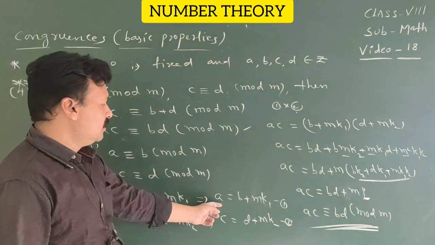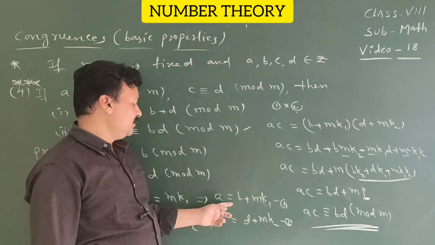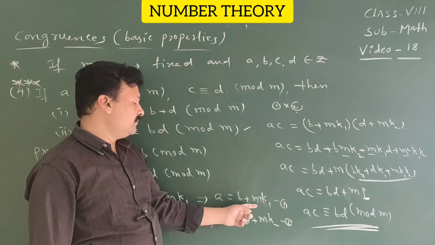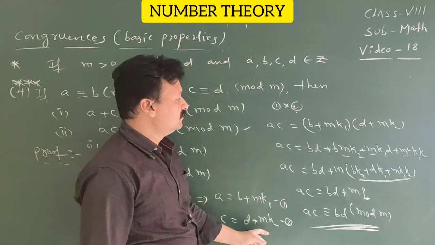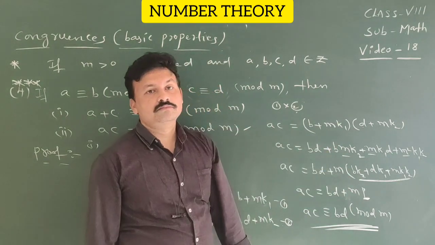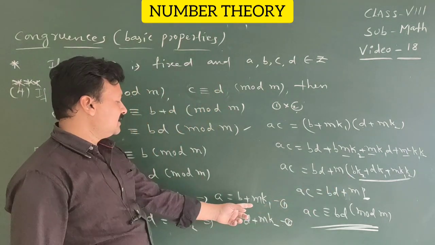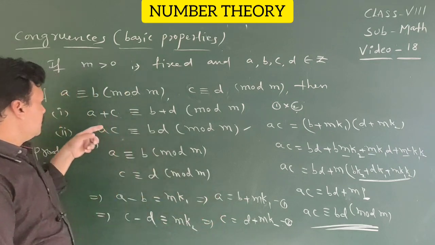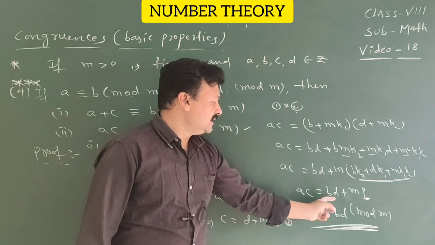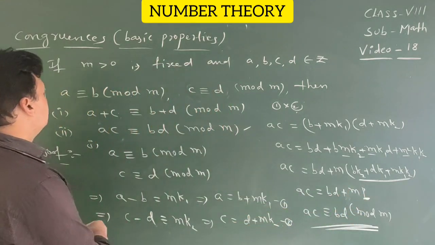Now we got A equals B plus a multiple of M, C equals D plus a multiple of M. If you multiply these two, AC equals B plus a multiple of M times D plus a multiple of M, which gives BD plus a multiple of M. So we got the statement like this: A congruent to B means A equals B plus something. So AC equals BD plus something, meaning AC is congruent to BD mod M.